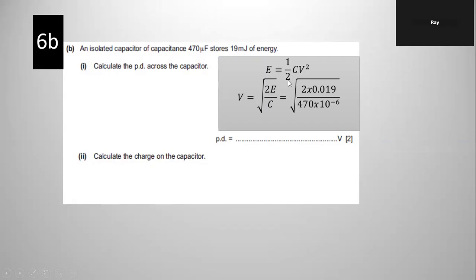V, take a 2 across, take a C down, then square root it, and put in your value. This is milli, so change it to SI unit. C is 470, change to SI unit, calculate out 9.0 volt. Calculate the charge on the capacitor. Q is CV.